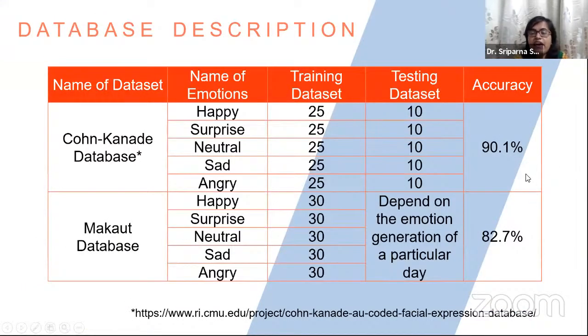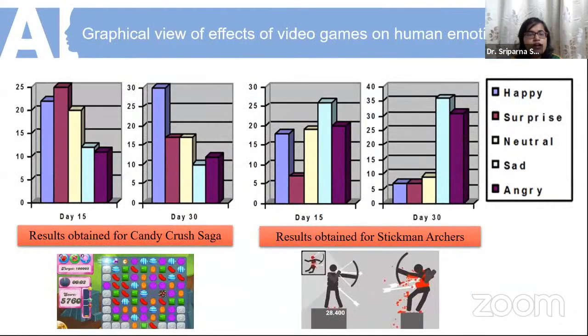And this is basically the accuracy we have got. We need high accuracy, and we need to compare the obtained accuracy with the already available accuracy in this domain. But this is basically the first paper in the domain of recognizing emotions while playing video games, so we do not have other comparative results.